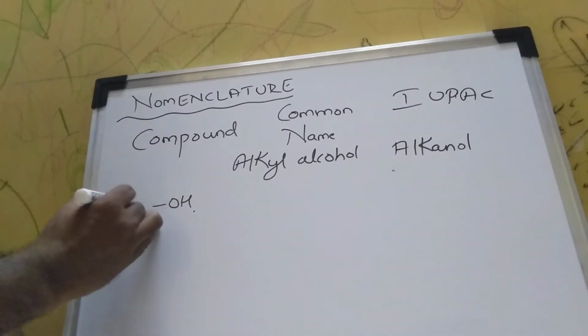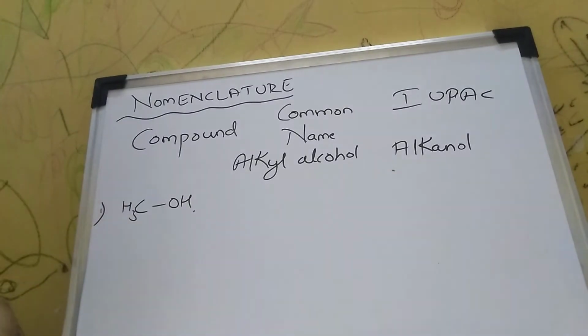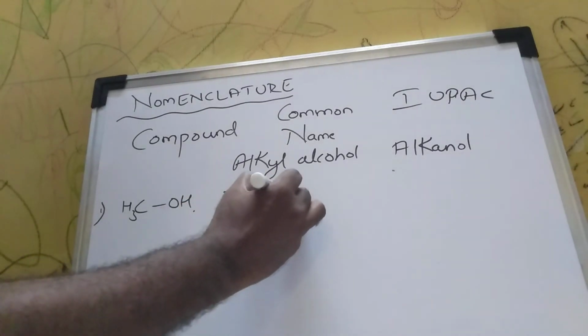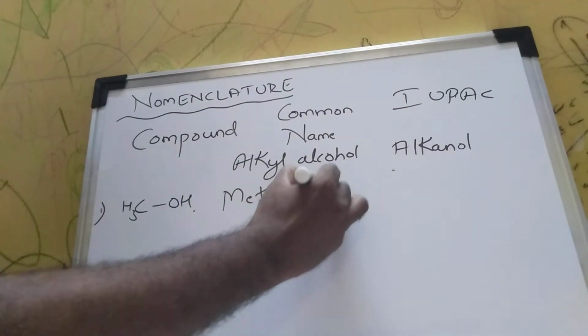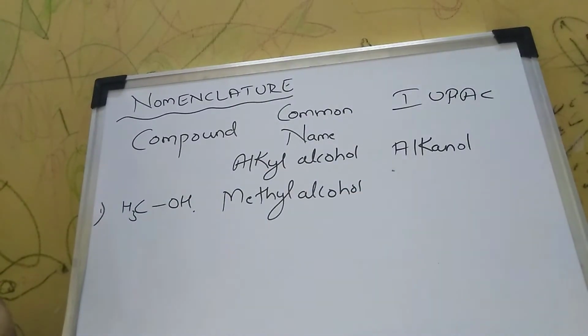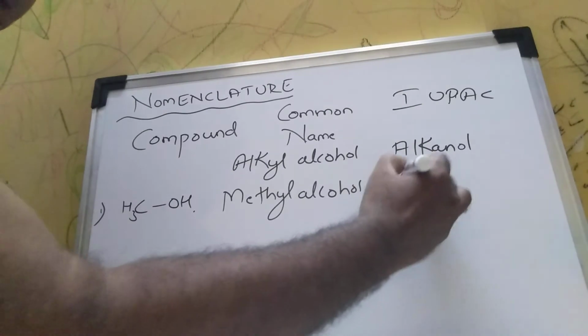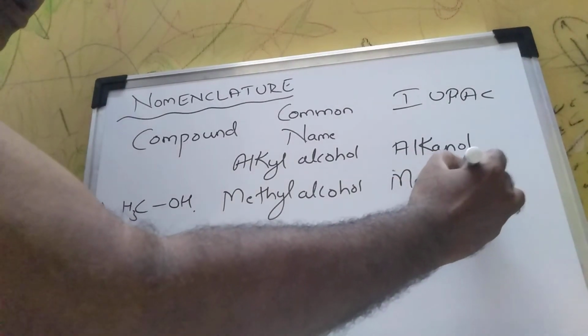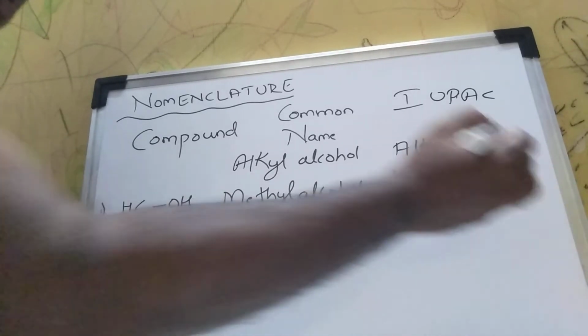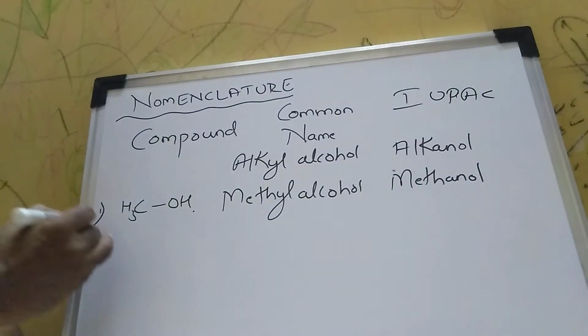OH attached to one carbon atom, CH3. CH3 is methyl, OH is alcohol. IUPAC name, one carbon atom alkane, methane, replace the E by OL, methanol.